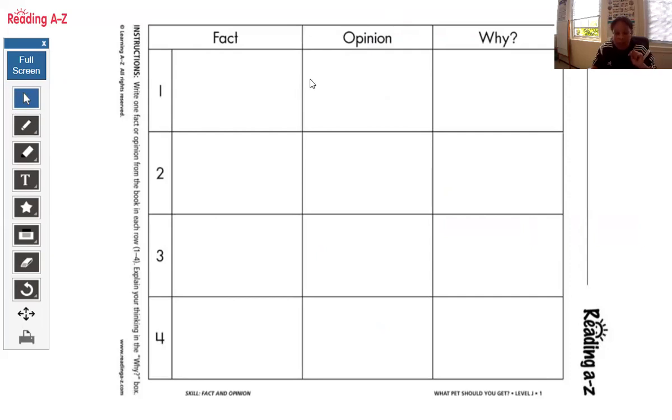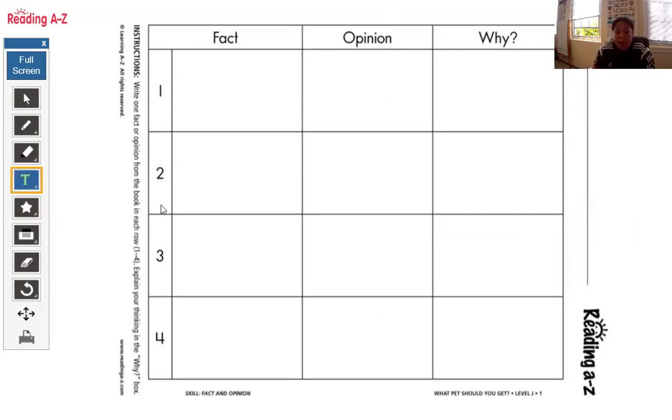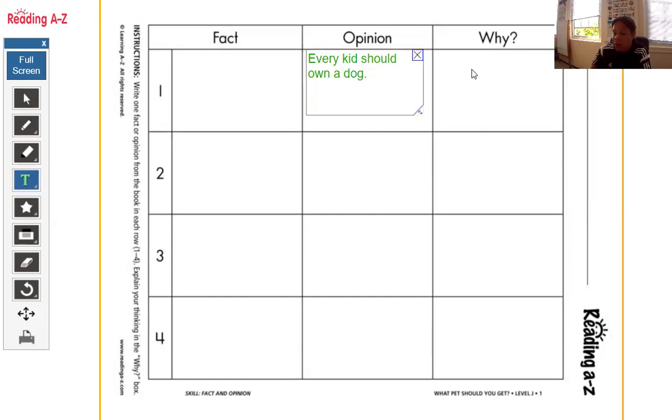Okay, so I'm going to give you an example. One opinion that I found is that every kid should own a dog. That's an opinion. So I'm going to write that here: every kid should own a dog. And I gave you a reason why I thought that this was an opinion.